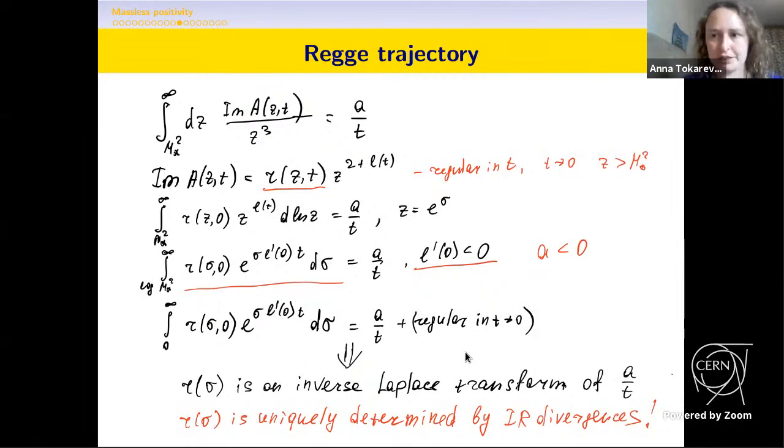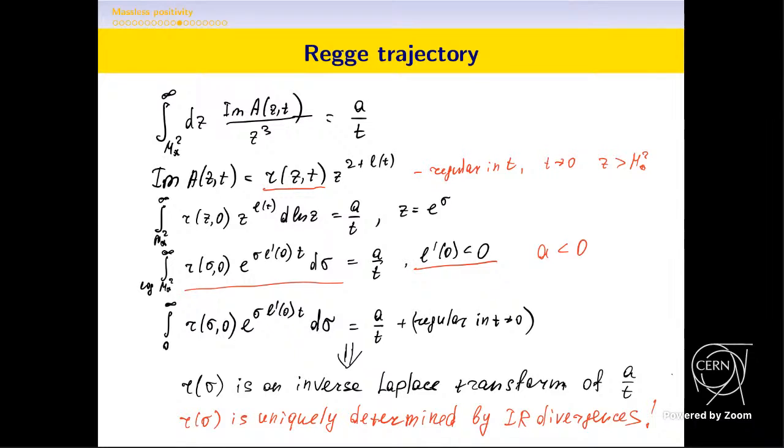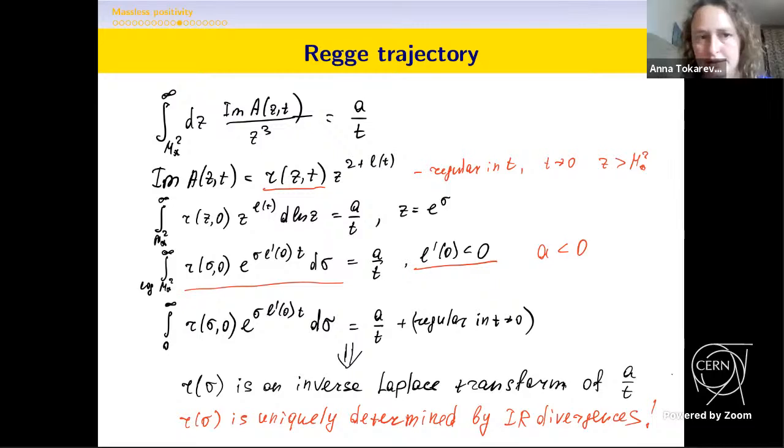So after this complicated mathematics, I can give just the simple conclusion that we have a surprising connection between the form of the infrared amplitude, its divergent part in the forward limit, and the form of the ultraviolet amplitude.